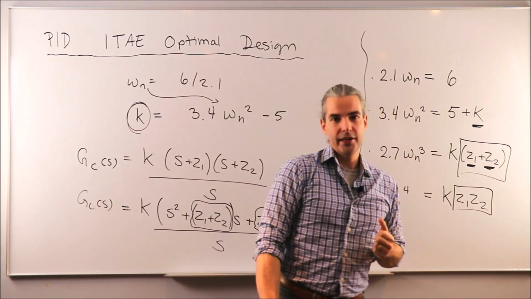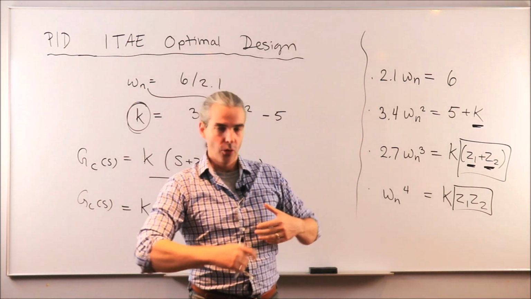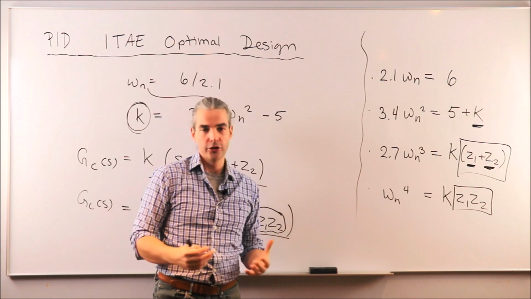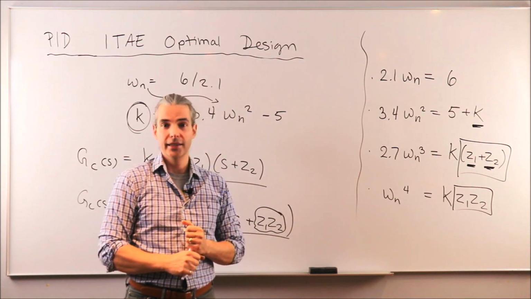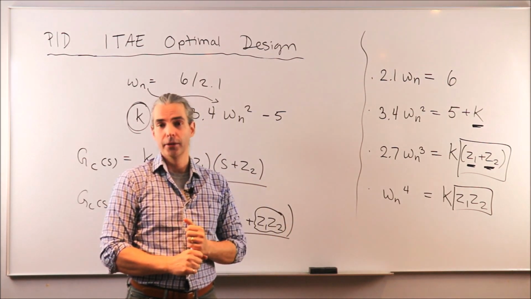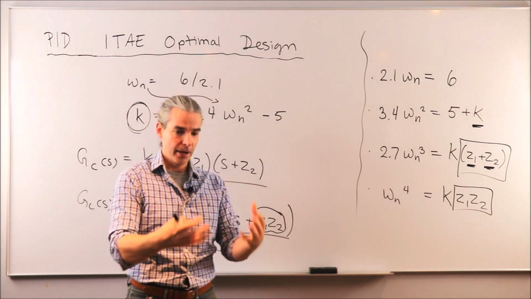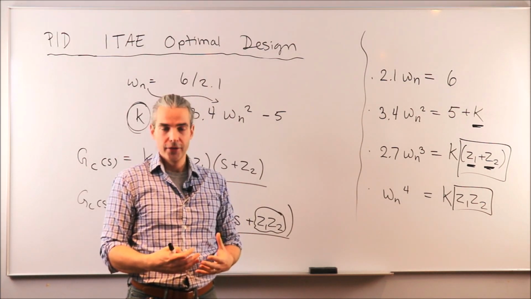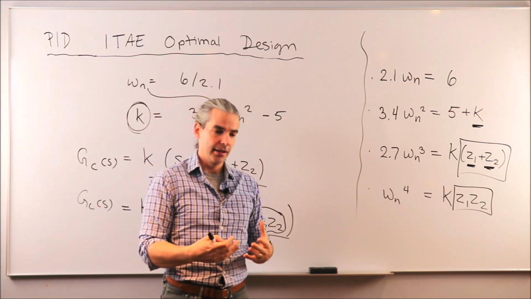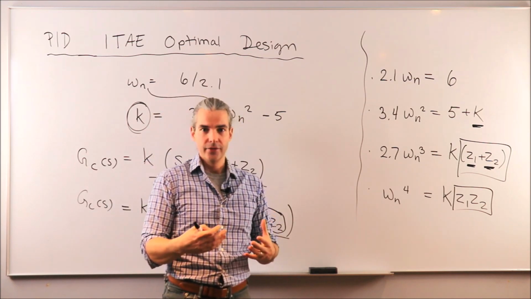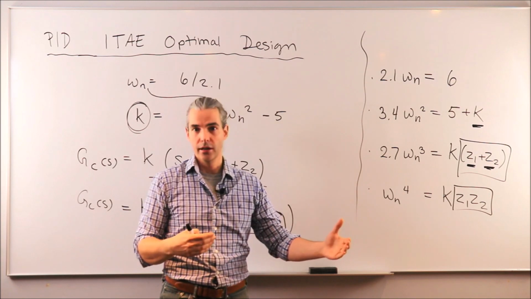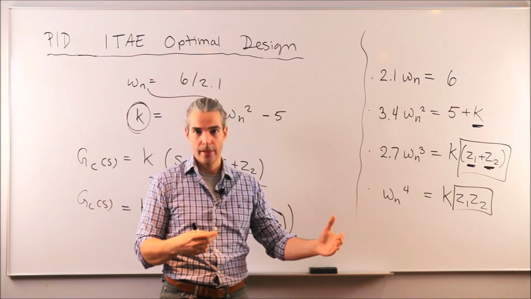Now, what do we expect in terms of performance when we select our control parameters to minimize the ITAE criterion? Well, you have to go back to this criterion in terms of its mathematical quantification. What it does is penalize errors that stick around for a long time in the control loop, okay?